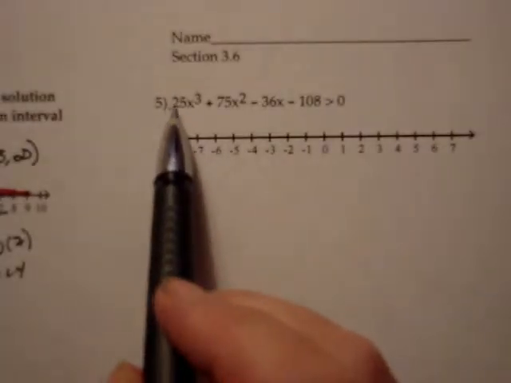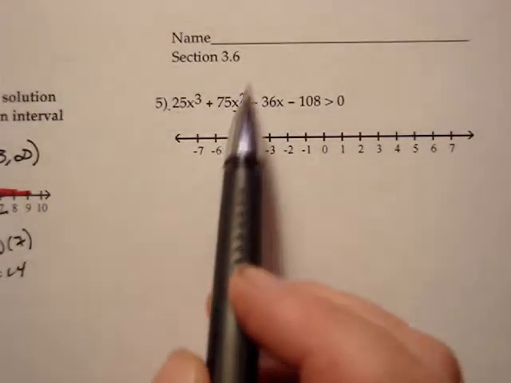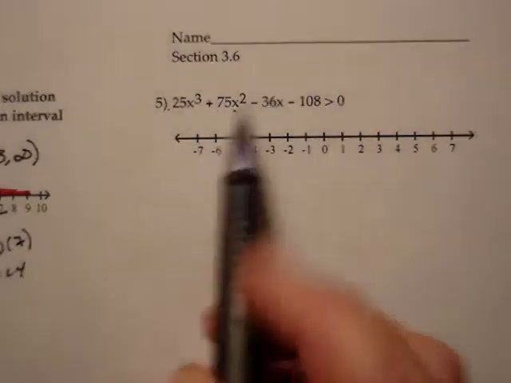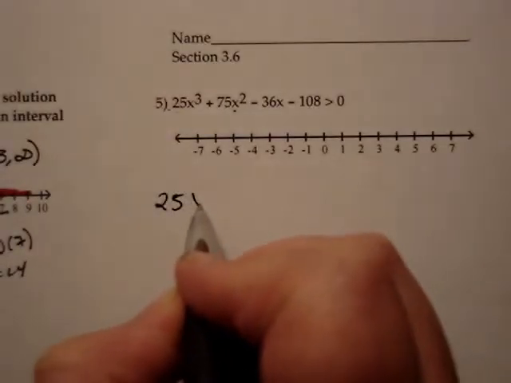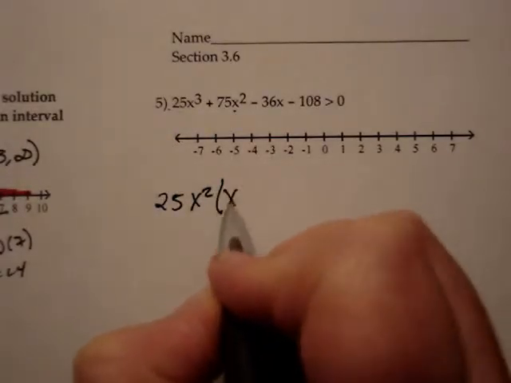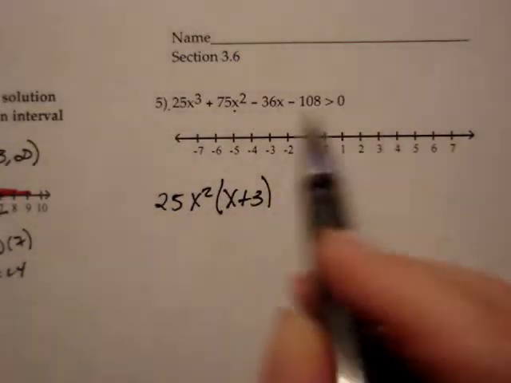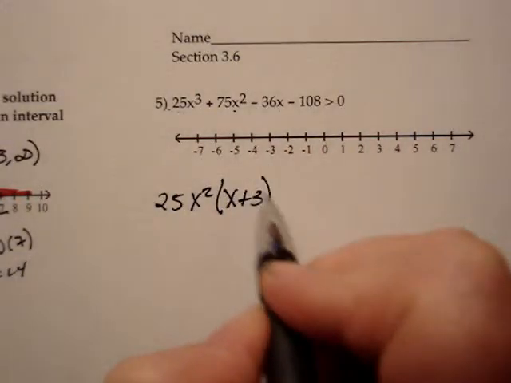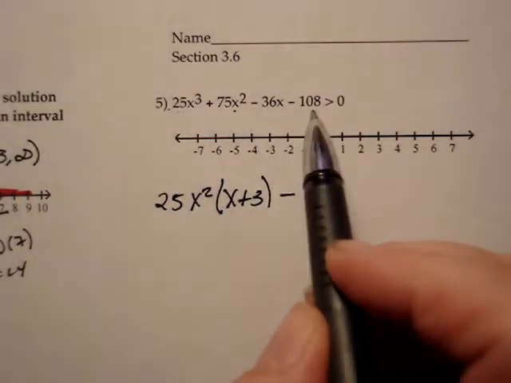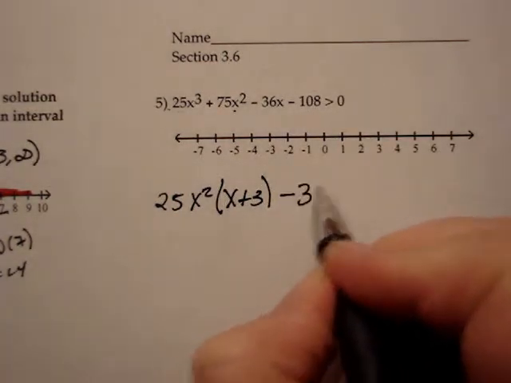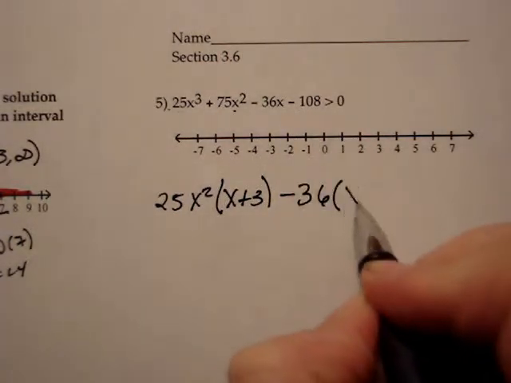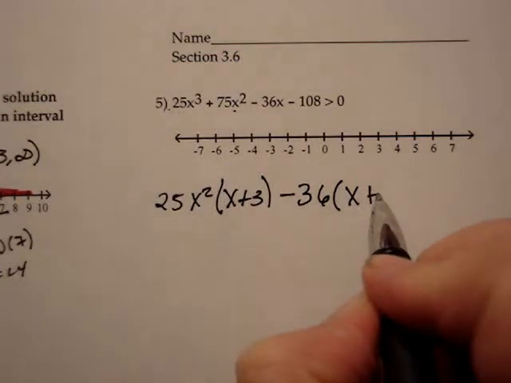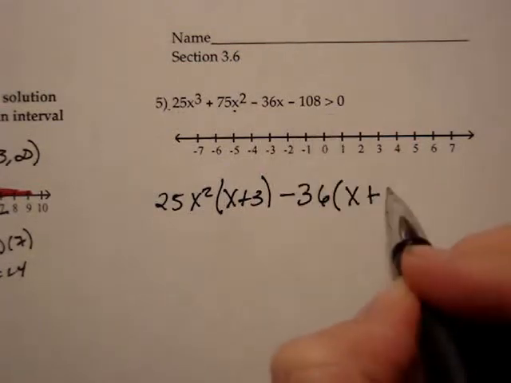Let's see. If I look at the first group of 2, I see I can factor out 25x squared. Okay, 25x squared, and I'll be left with x plus 3. When I'm looking at the second group of 2, I know it has to be minus. Turns out 36 goes into 108. 36, I'll be left with x. That will become plus because I factored out a negative, and that's 3.